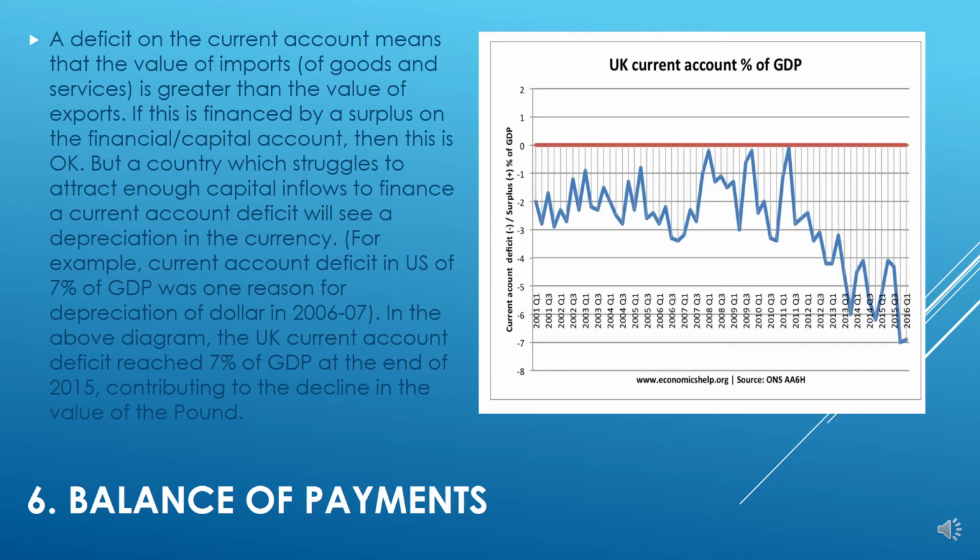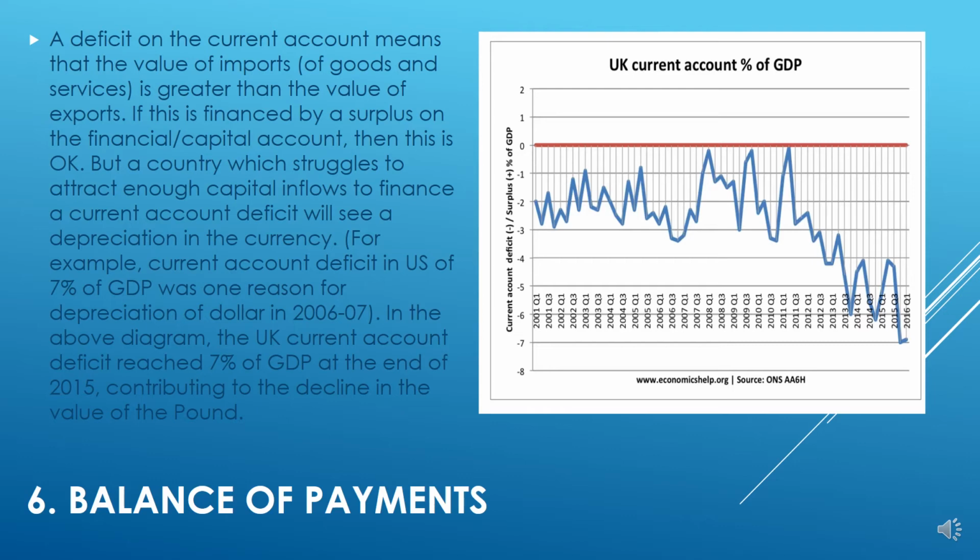Now, if we see in the diagram, the UK current account deficit reached 7% of GDP at the end of 2015, contributing to the decline in the value of the pound. This was essentially due to the fact that imports were greater than the exports.